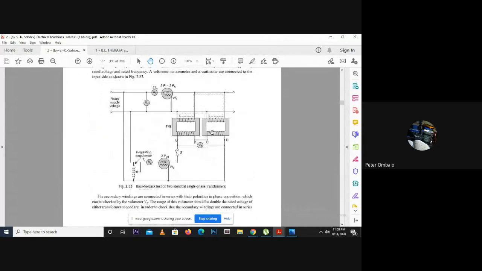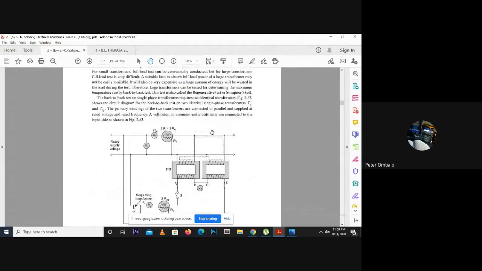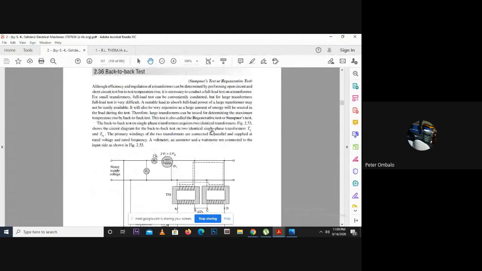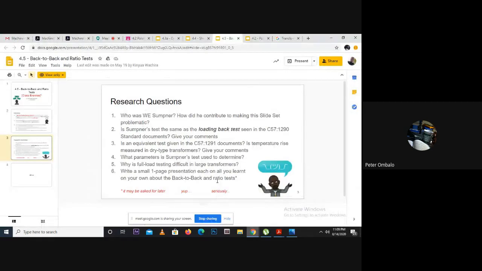It's like a very short read you guys have to do. The question that we want to tackle right now is why is full load testing difficult in large transformers, and what parameters is Sampner's test used to determine? Part 4 and part 5.